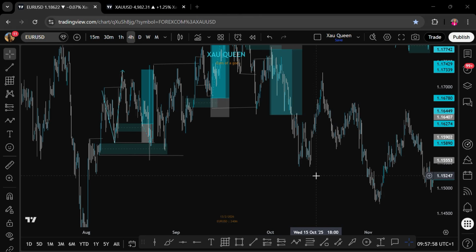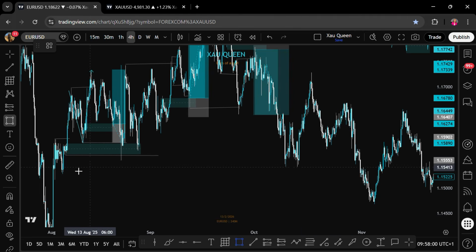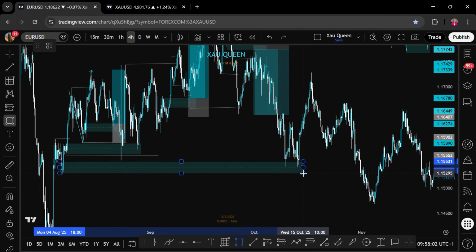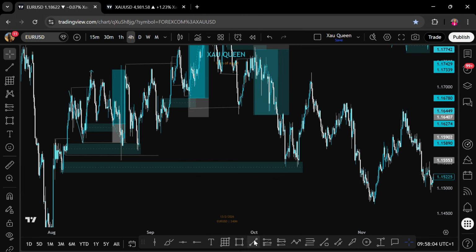So you can see people were buying at this zone, which is very valid. But then price now printed this double bottom. You can see it came down, went up, came down. People will still buy from here. You can see the reaction when price was coming down. People will still buy from there. But what did the price do? This is liquidity.